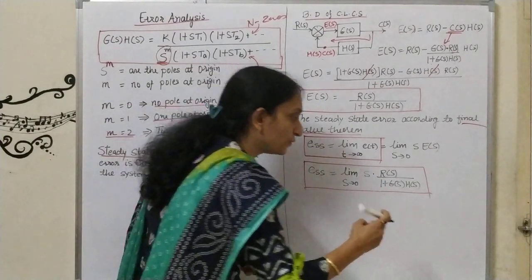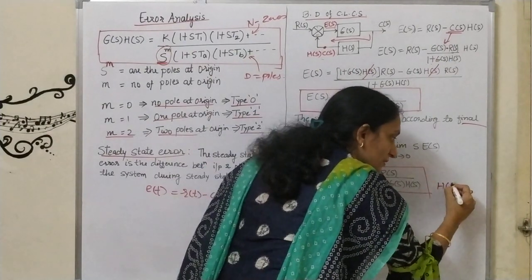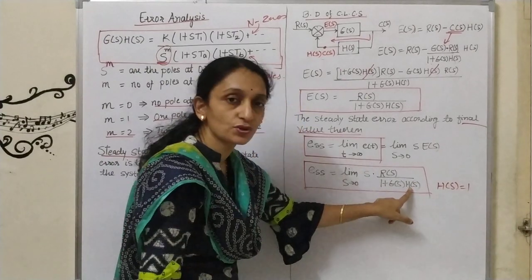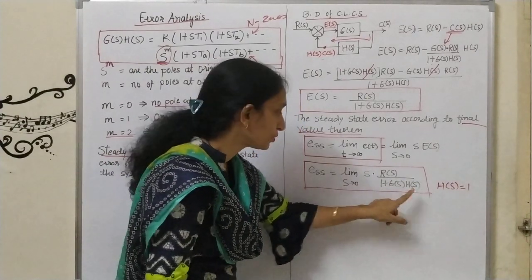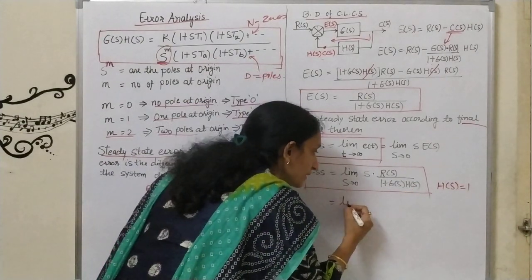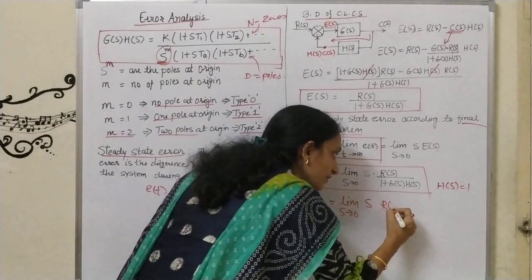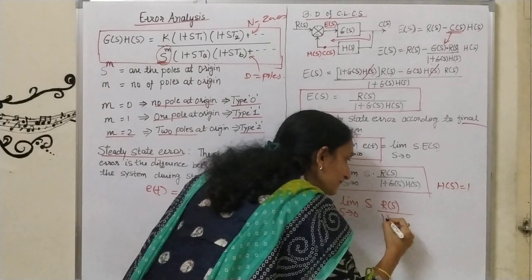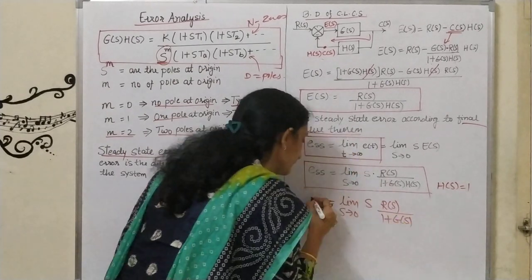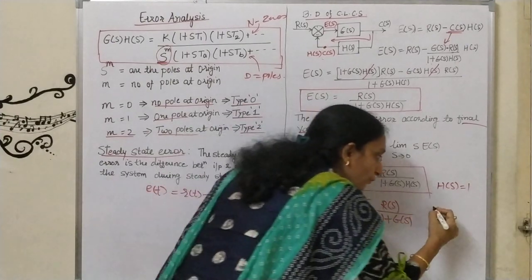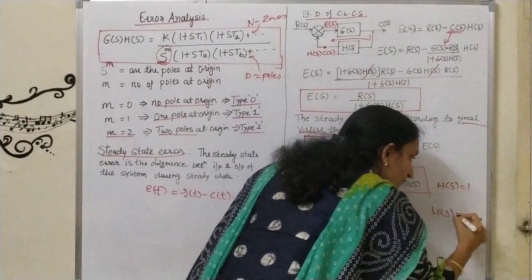In case of a unity feedback system, H(s) will be 1, so directly substitute H(s) equal to 1 here. You will get limit s tends to 0 of s into R(s) upon 1 plus G(s). This is the formula for steady state error for a unity feedback system.